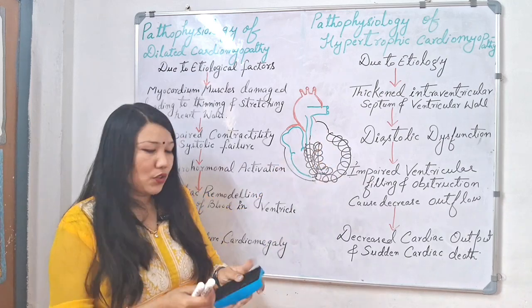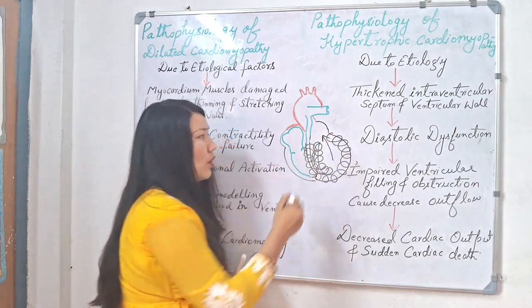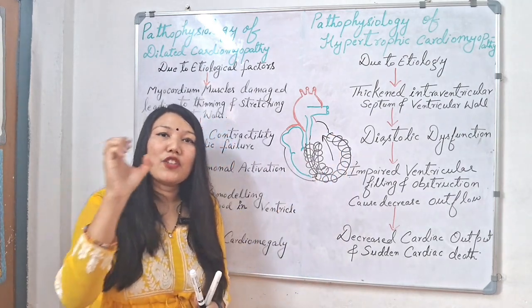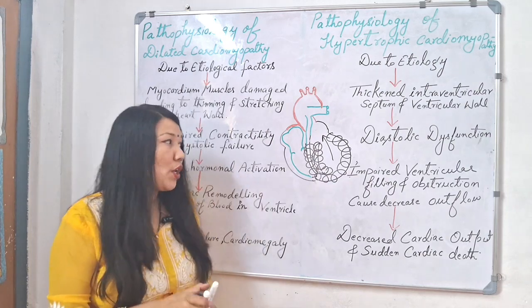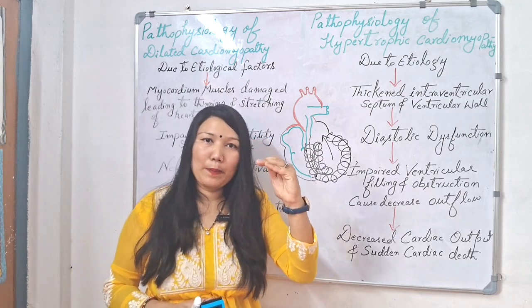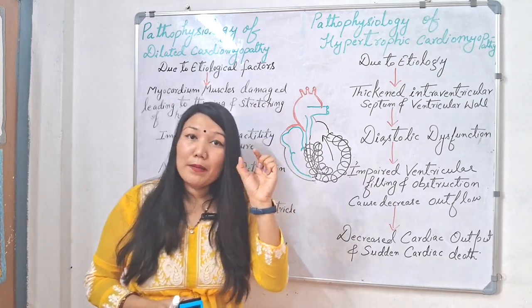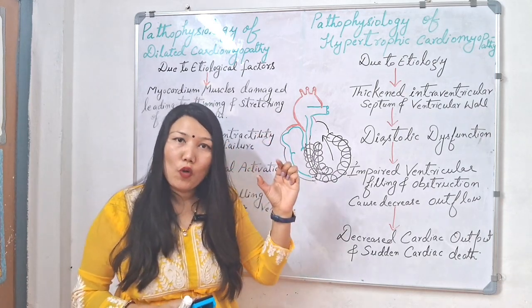Okay, so if the ventricle tries to push this blood out, due to the septum there is an obstruction in the pathway. This hypertrophy may happen in the upper region of the septum, at the mitral valve and at the aortic valve region.